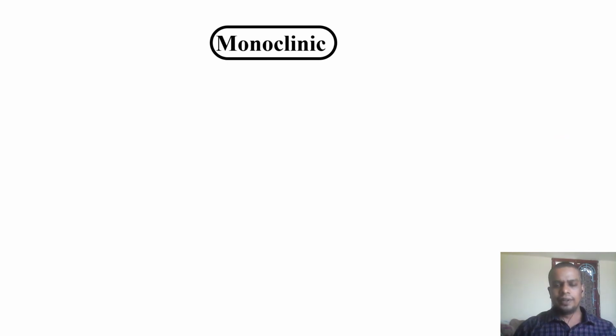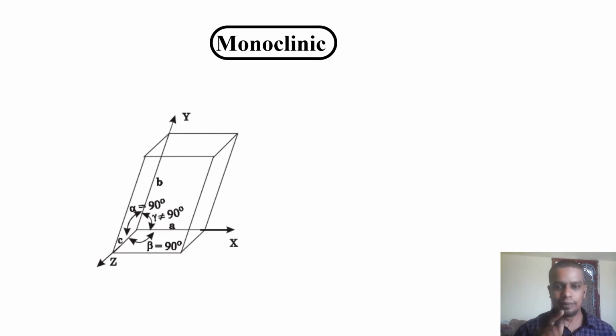Now we are going to see the next crystal system. It is the monoclinic system. I will tell why the name is monoclinic. First we can look at the picture, how it looks. The monoclinic crystal system will look like this. First we define the intercepts.